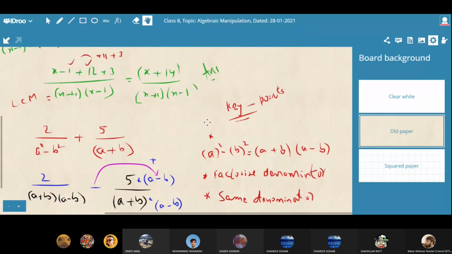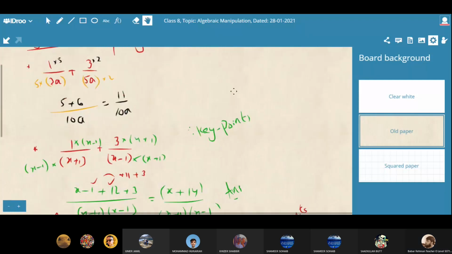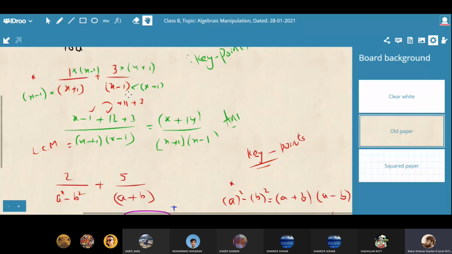Look at this. The first key point I have written is that you have to make the same denominator by multiplying when there are two different brackets or expressions.